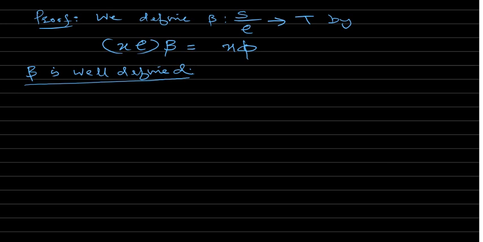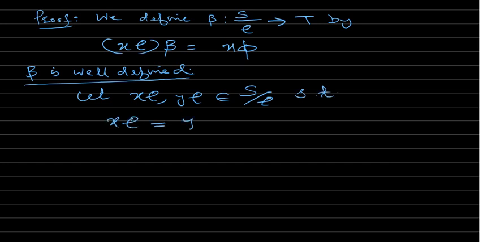We need to show that their images are also equal. So let x rho, y rho belongs to S over rho such that x rho is equal to y rho.